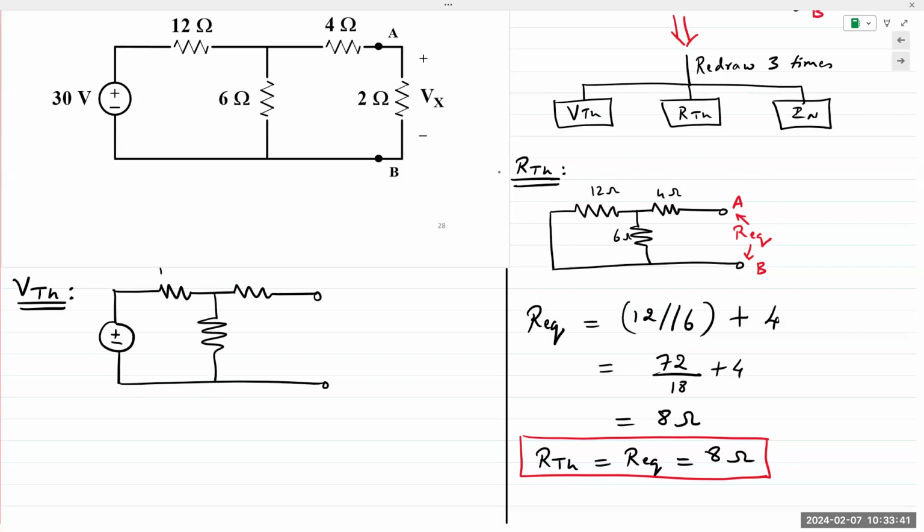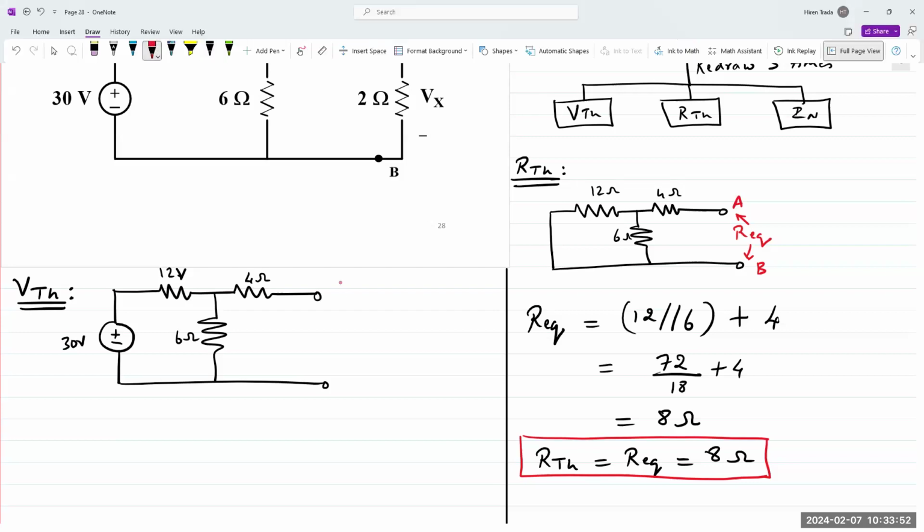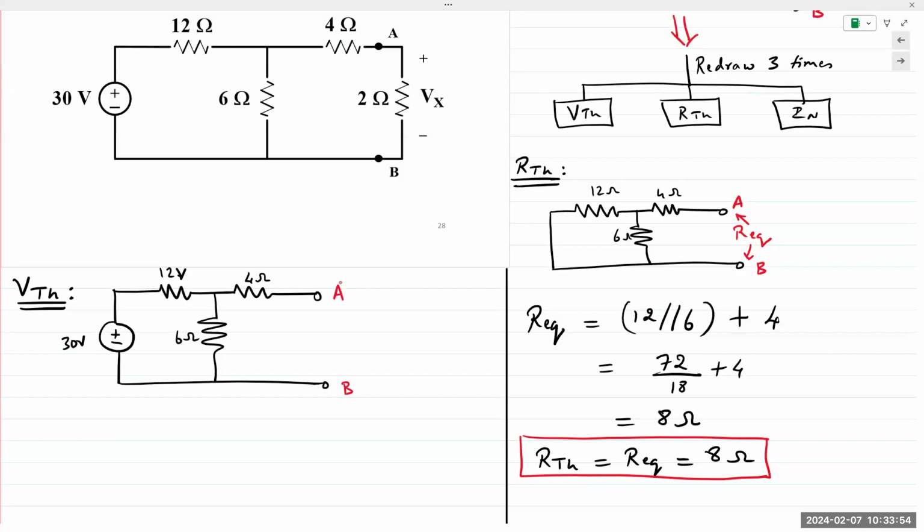This circuit brings up an important concept of circuit analysis. So we have A, B. Remember, convention is to take plus at the top, minus at the bottom. At the end of your analysis, if it turns out you have a negative value, all you do is flip the signs. That's all.